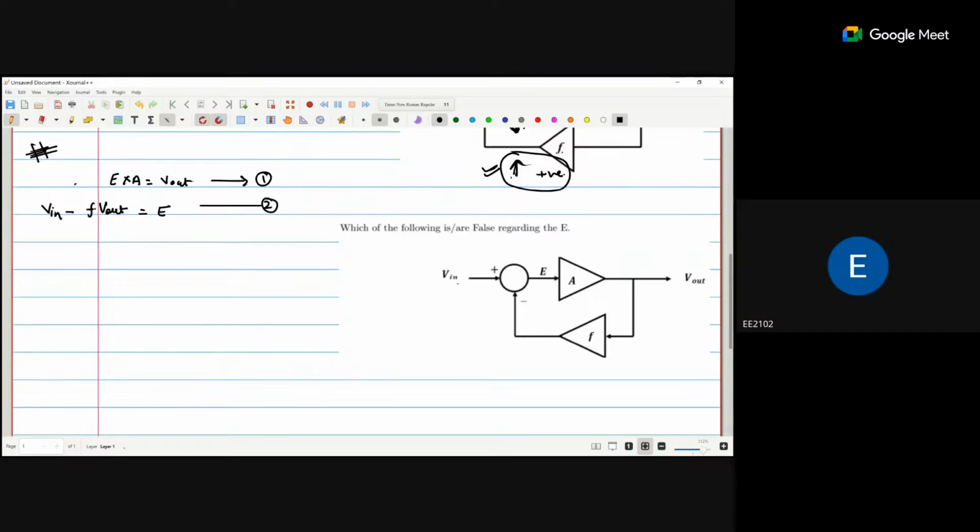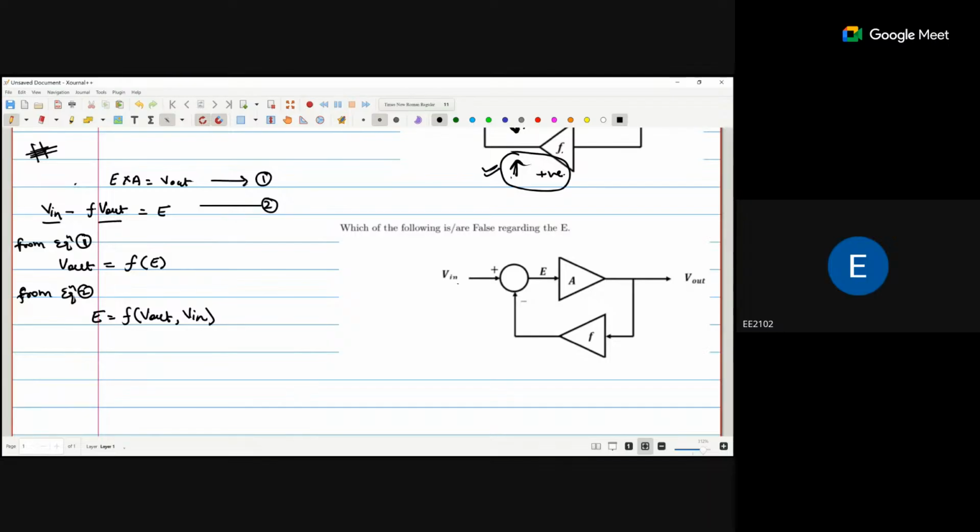Now, the point is that from equation 1 we can say V out is a direct function of E. And from equation 2 I can say E is a function of V out and V in, because F is the constant, but it will depend on both V in and V out.